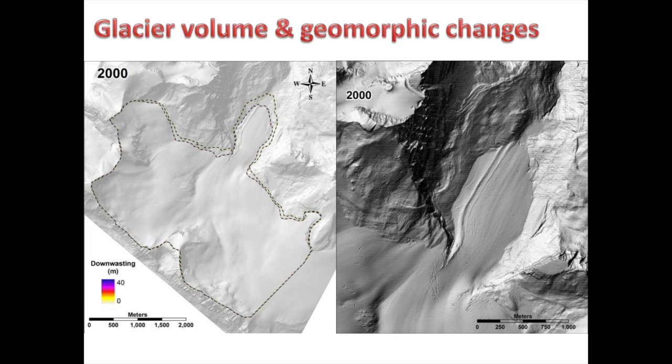Now, if you look at the image on the right, I'm not sure if you can see it very well, but this is actually a time series for the same time period, but it's of the hillshade. So what we can see here is the morphological changes within that landscape. So we're not looking at vertical changes, we're looking at the morphological changes. So what we can see is the shrinkage of the glacial margins.